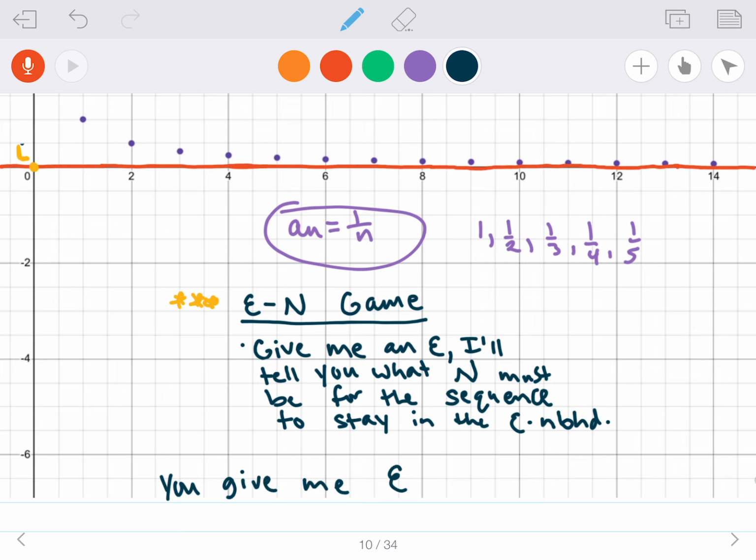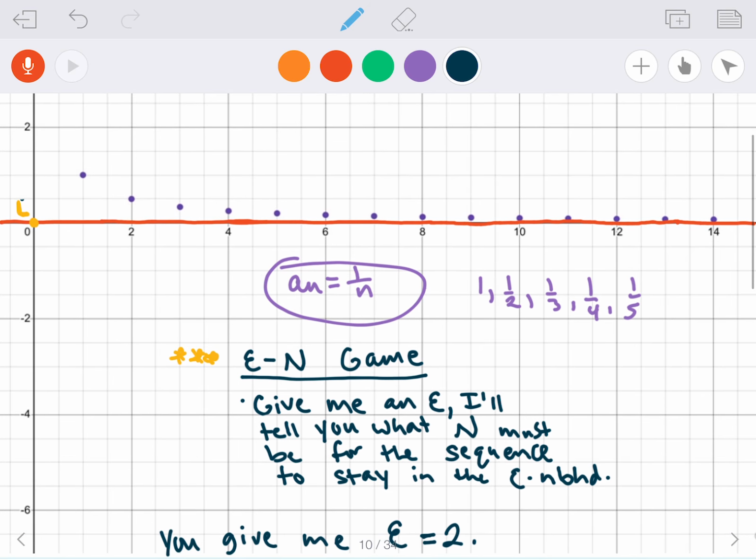So if you give me epsilon equals 2, it's my job to produce a capital N so that the sequence stays within the epsilon neighborhood past a certain point.